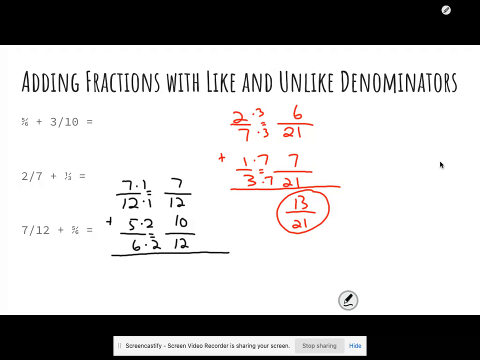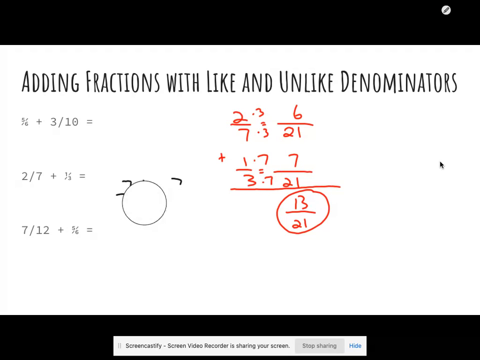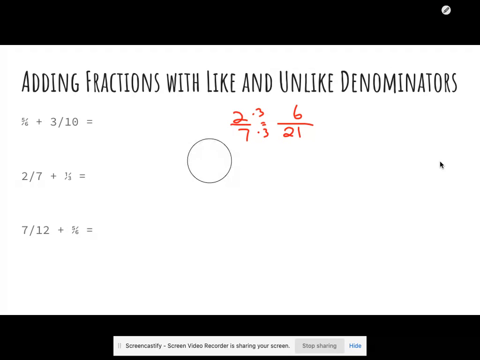Adding 7 plus 10, which is 17, over 12, which is 1 5/12. That's my final answer right there. All right, so if you're comfortable with finding common denominators, the rest of the fractions are really easy. It's things that we've already worked on up to this point.